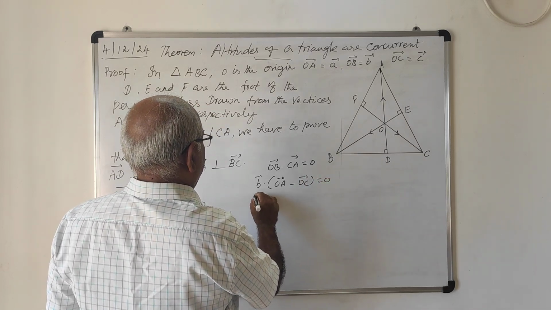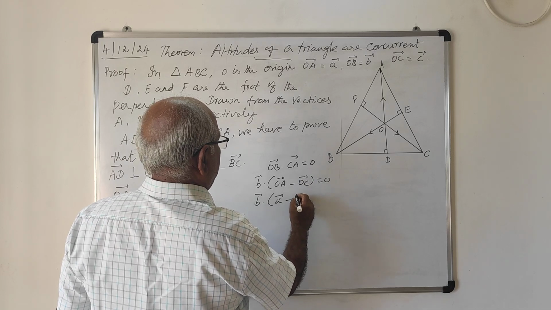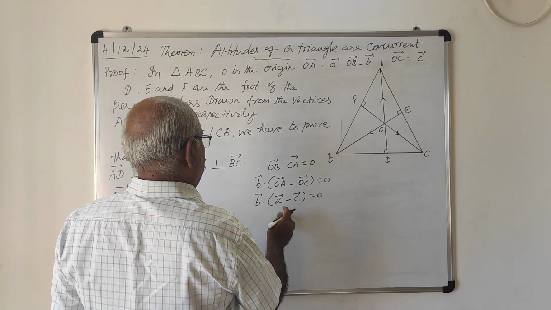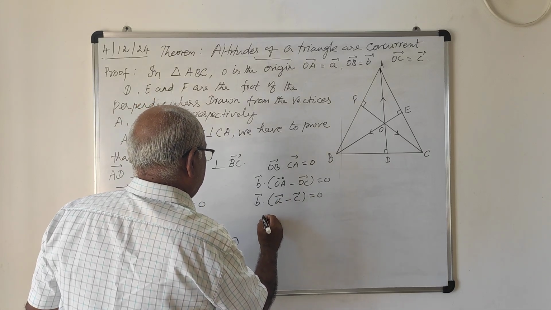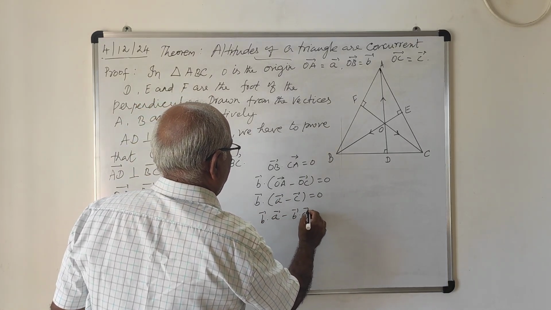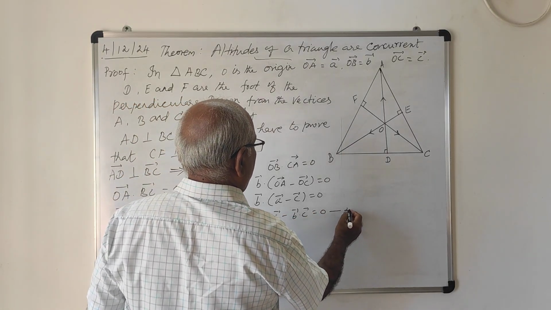That is B dot A minus B dot C equal to 0. Consider this as equation 2.